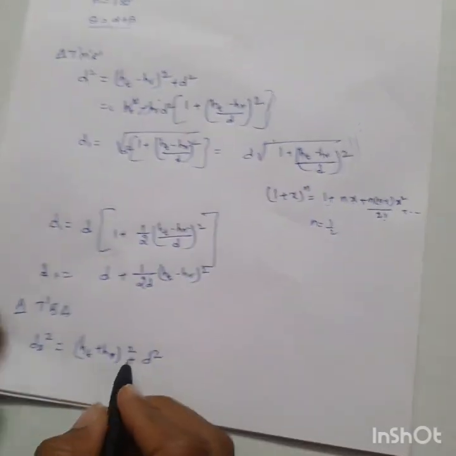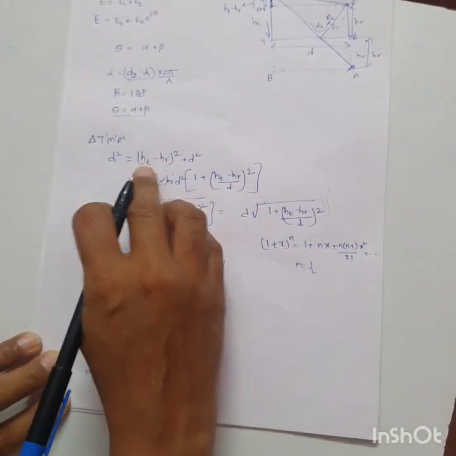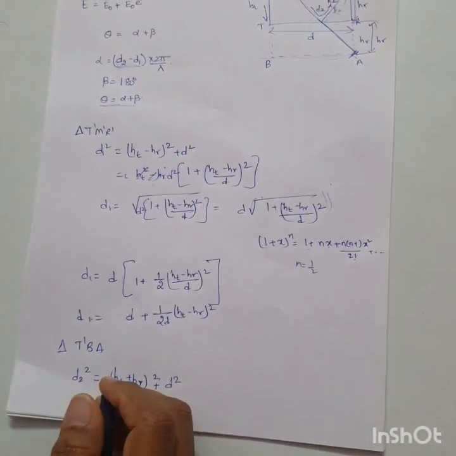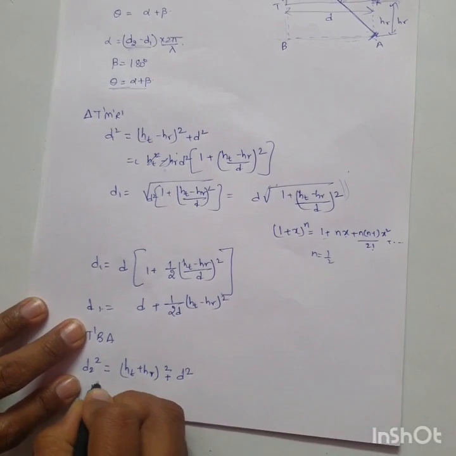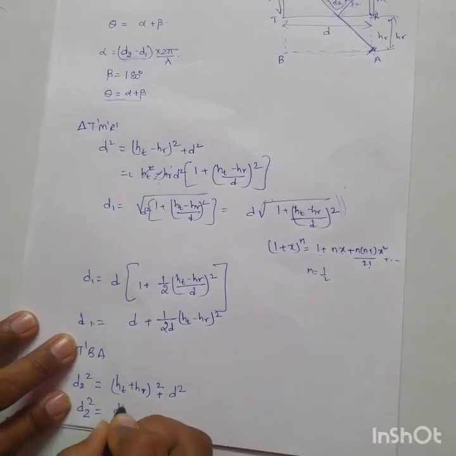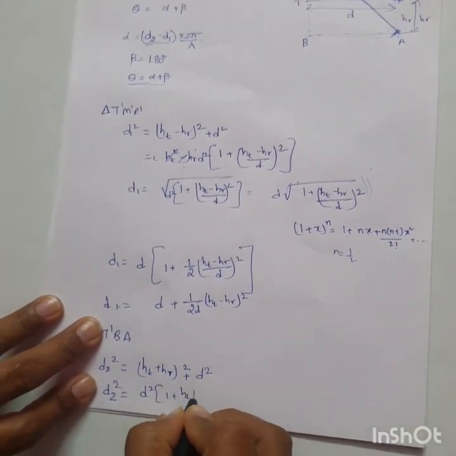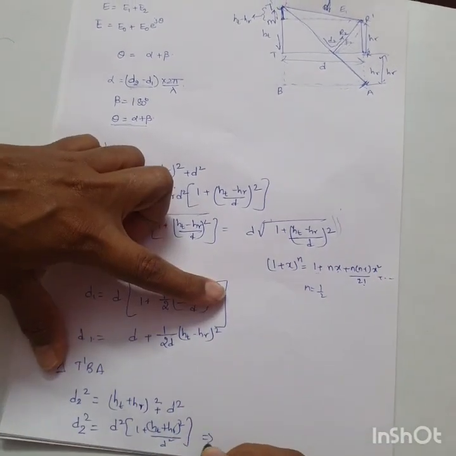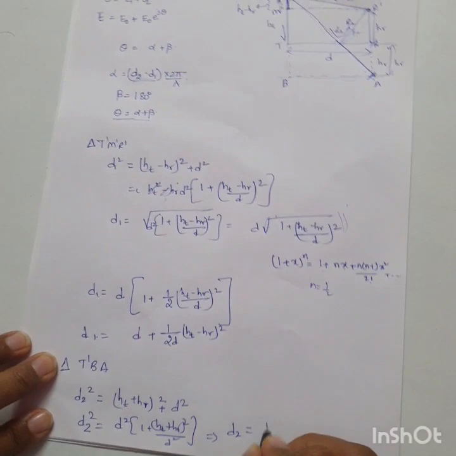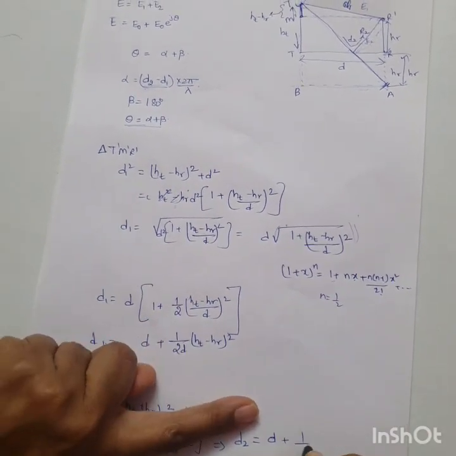If you simplify in the similar way, you will get D2 square as D square into 1 plus HT plus HR whole square by D square, and D2 as D plus 1 by 2D.